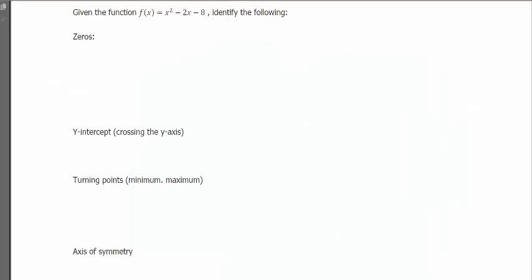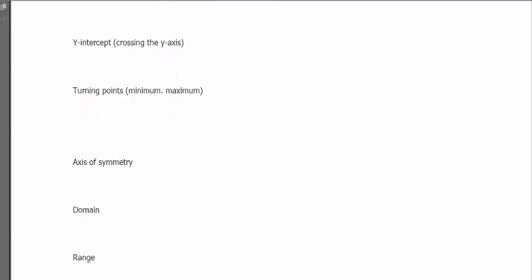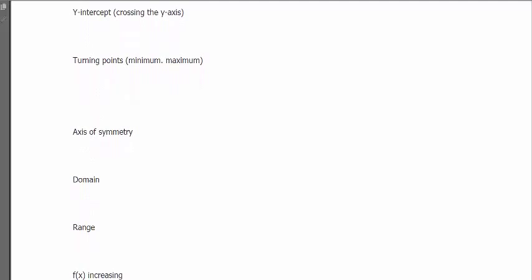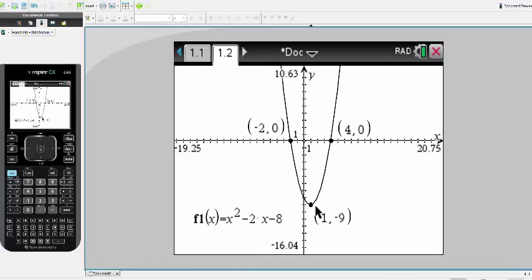Next step would be axis of symmetry, which is very easy because if we think of the graph, it's going to be a vertical line dividing this parabola into two parts, where one part is the mirror reflection of the other.